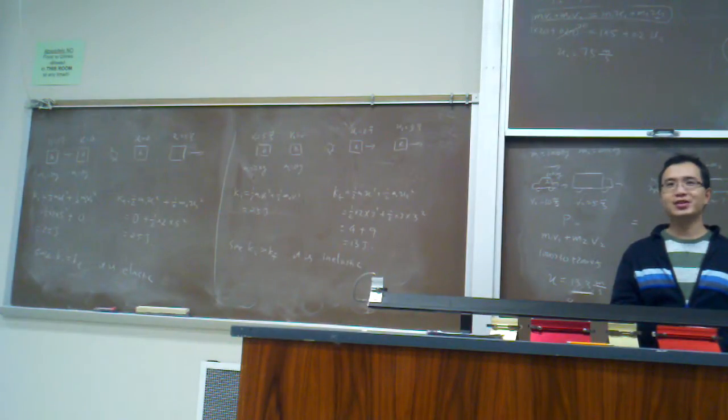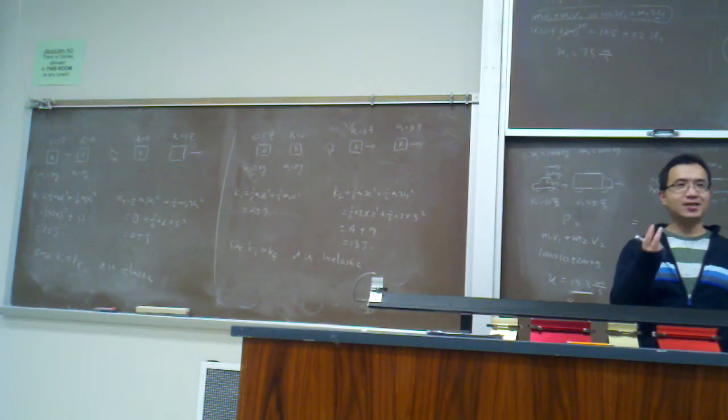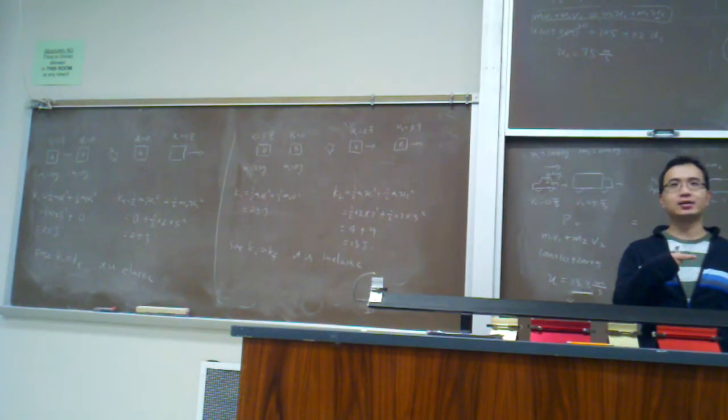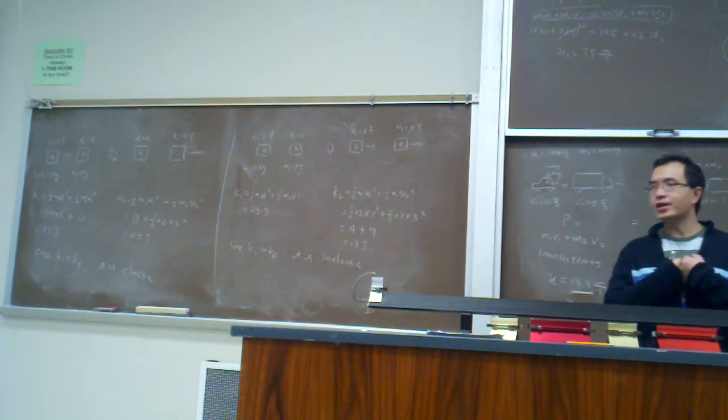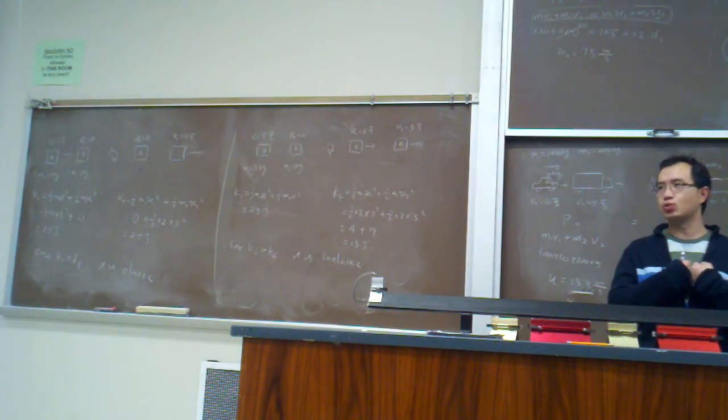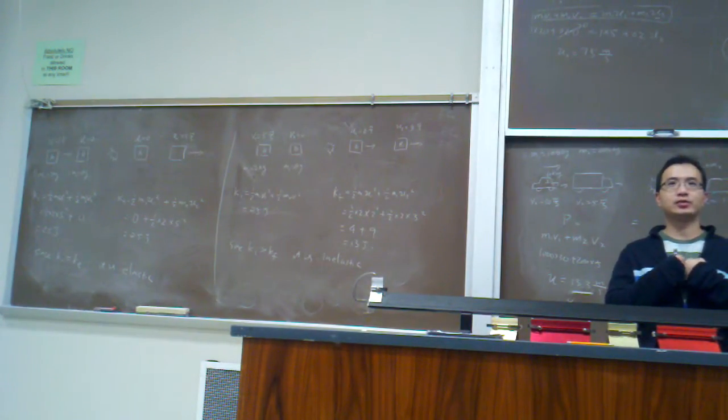Two blocks sticking together has nothing to do with K. Inelastic, because by the definition, if two blocks stick together, it's called completely inelastic. It belongs to the inelastic region, it's just a special case of the inelastic region.